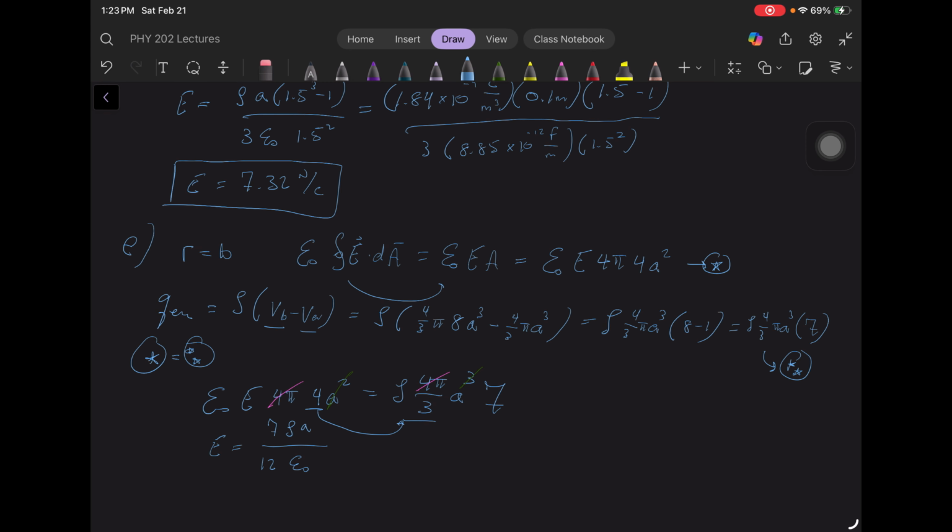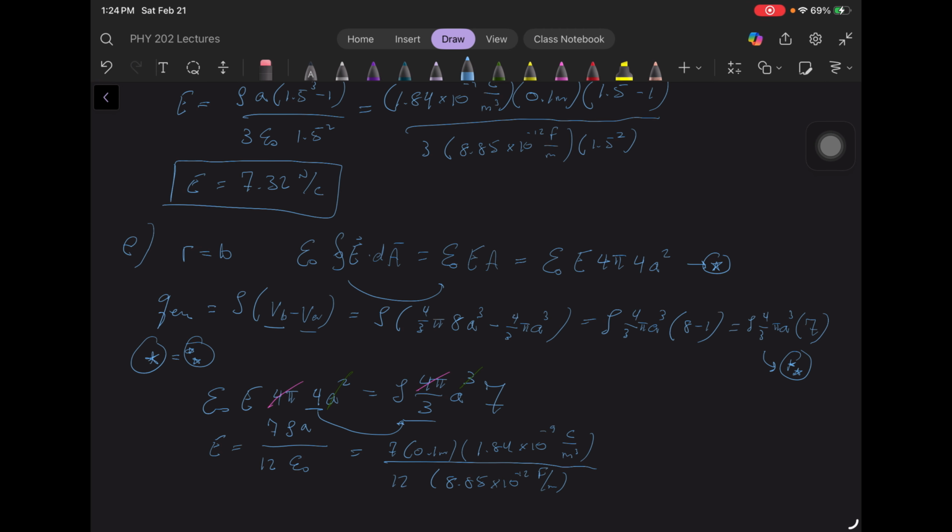Cool beans. And so we can say this is equal to 7 times 0.1 meters from the a times 1.84 times 10 to the negative 9 coulombs per meter cubed, and 12 times 8.85 times 10 to the negative 12 farads per meter.